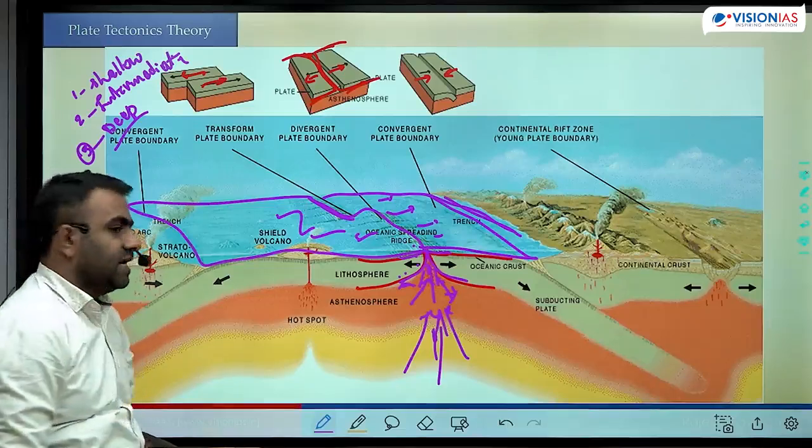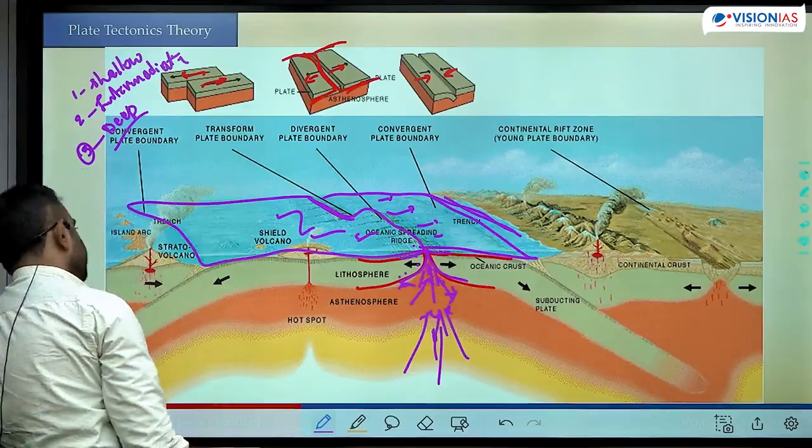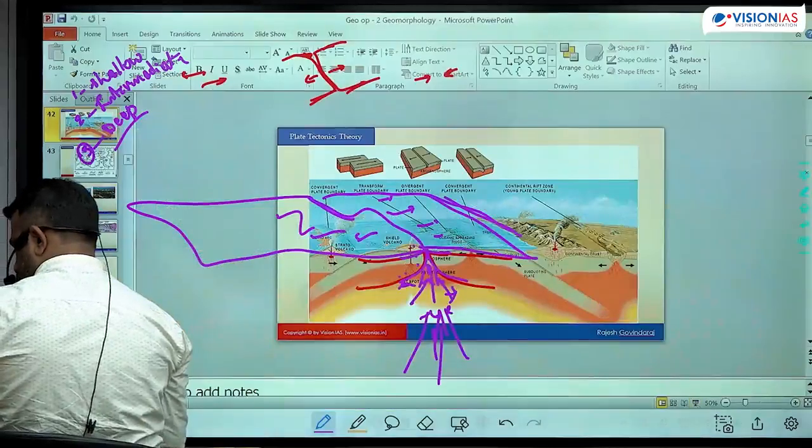Examples: Mid-Atlantic Ridge, Carlsberg Ridge. Where is Carlsberg Ridge? Indian Ocean.